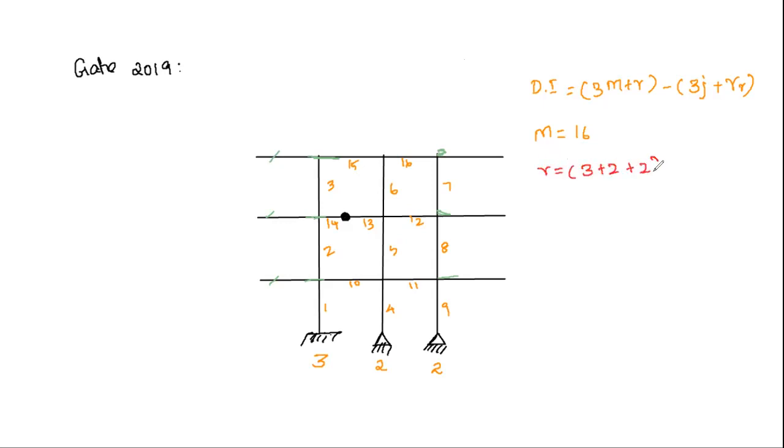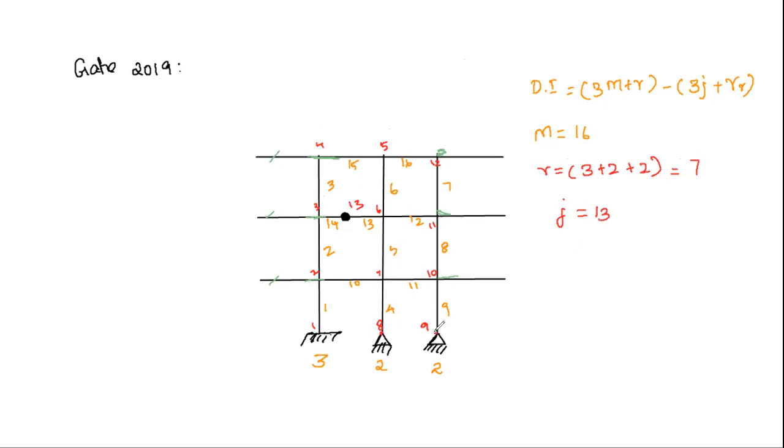What is the number of reactions? 3 plus 2 plus 2. How much? 7. Now count the number of joints. 1, 2, 3, 4, 5, 6, 7, 8, 9, 10, 11, 12, and the hinge makes 13. So the total number of joints is 13.